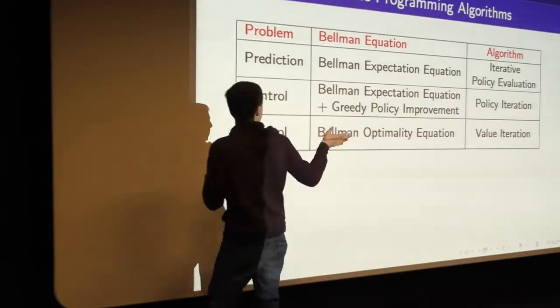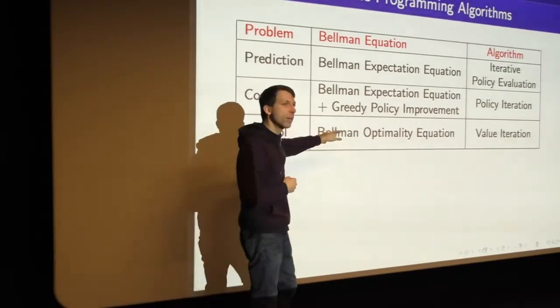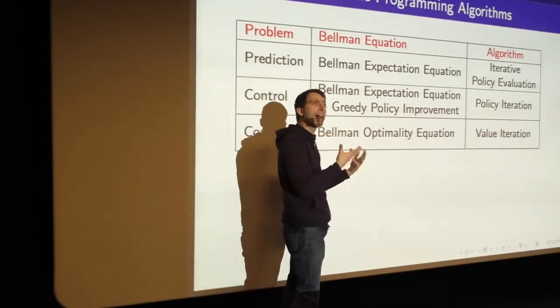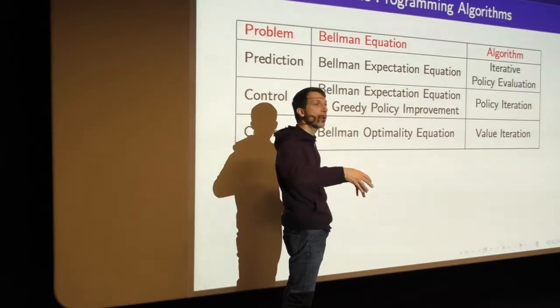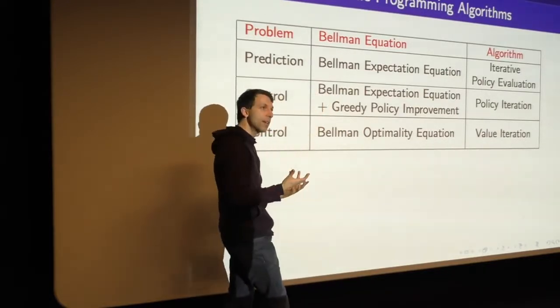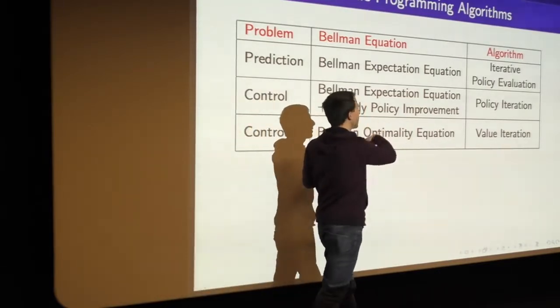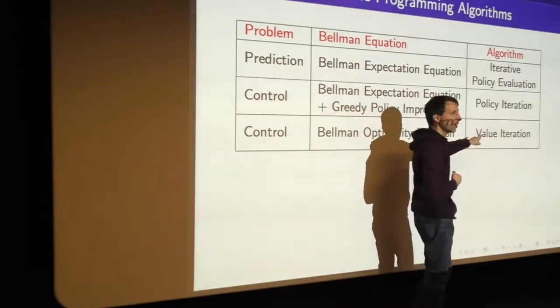And then finally, we moved on to the value iteration algorithm, again addressing control. The Bellman equation we look at now is the Bellman optimality equation, with the max in the equation, which tells us how V star relates to itself, how the maximum reward you can get out of this MDP recursively relates to itself. When we turned this into an iterative update, we ended up with value iteration.